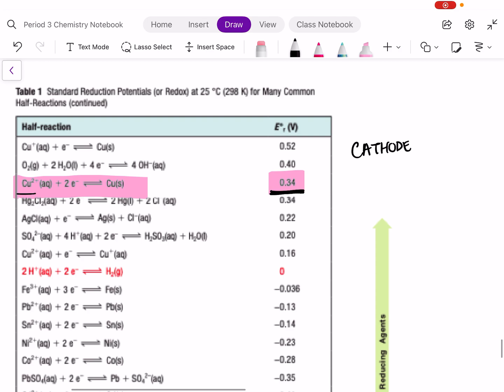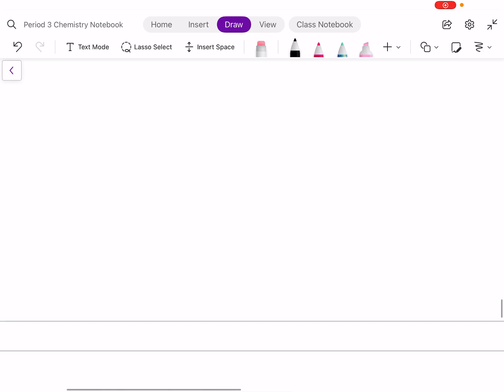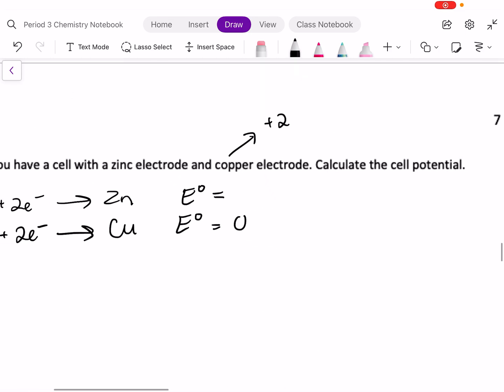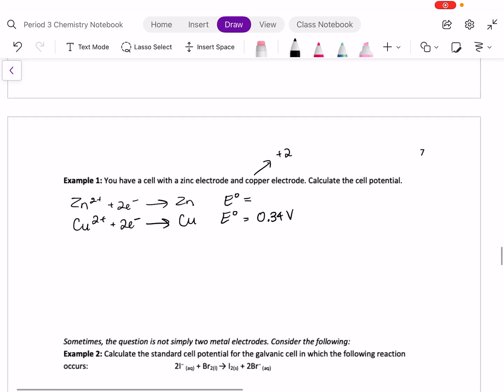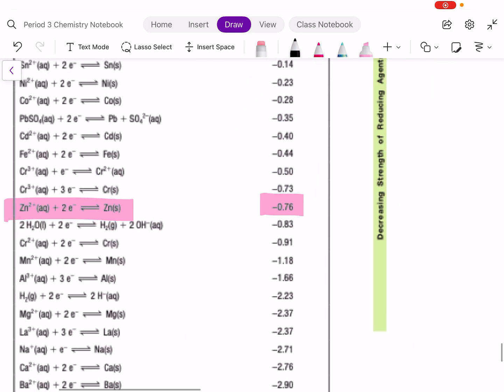So I can see the copper 2+ ion gives me an E naught of 0.34 volts. So I'm going to put that in here. Okay, my zinc, I have negative 0.76.